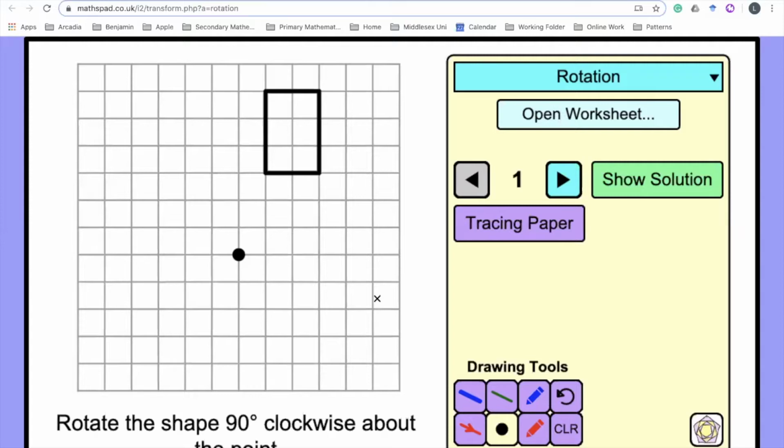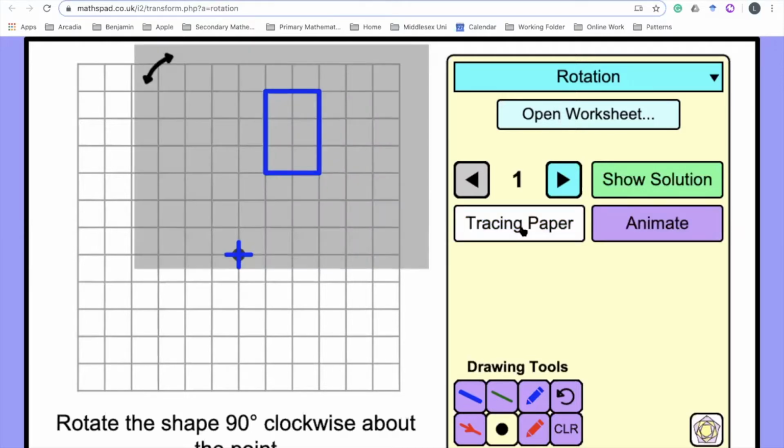So what we're going to do now, we're going to answer the question. The first thing, look at the question. We're rotating, that's the transformation, 90 degrees clockwise about this point. So what you would do is put your tracing paper over it.